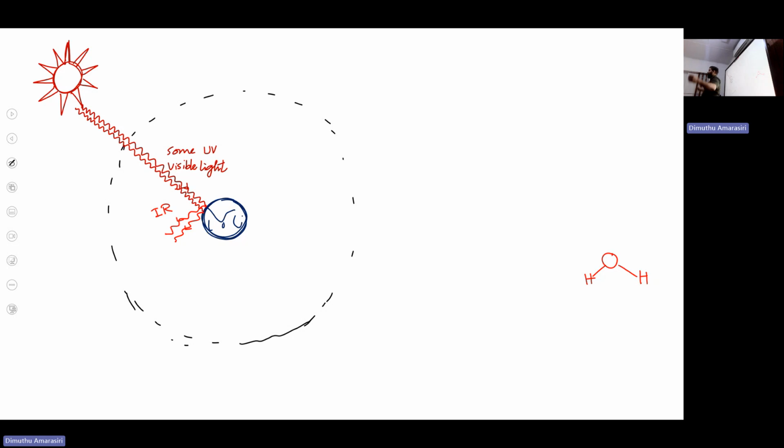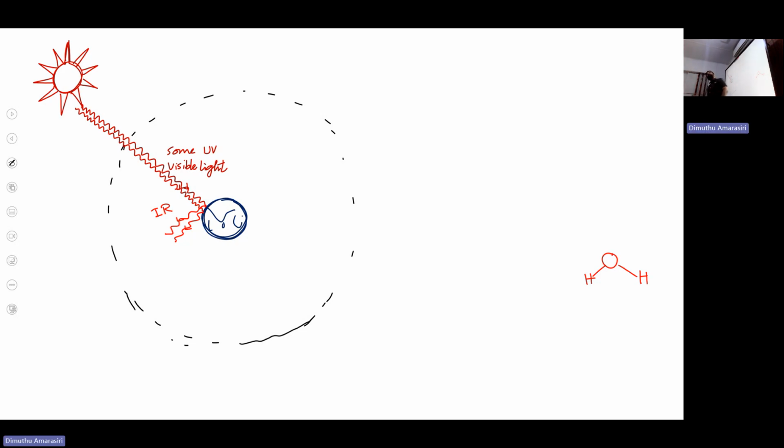Right? And when IR energy strikes, they start vibrating faster. But they can't keep vibrating faster, and they come back to normal. When they come back to normal, the IR they absorbed, they give back to the earth. So what happens to the IR?